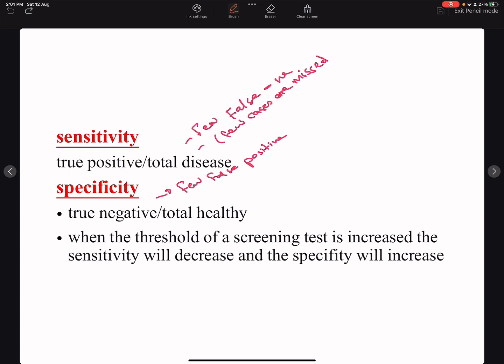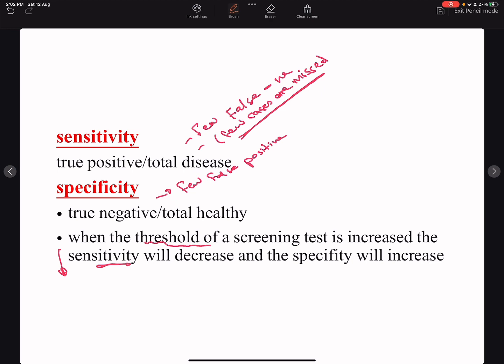But in the screening process, if we want to raise the threshold of a screening test, then we are going to decrease the sensitivity. The sensitivity is showing us few false negatives, and in this case, few cases are missed. The more cases you want to detect, the more sensitive a test you are going to pick.